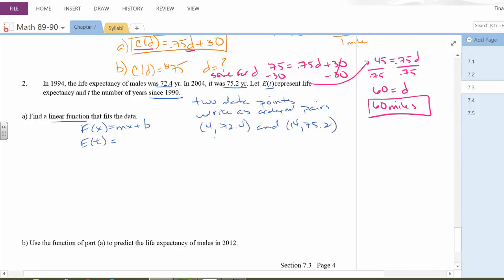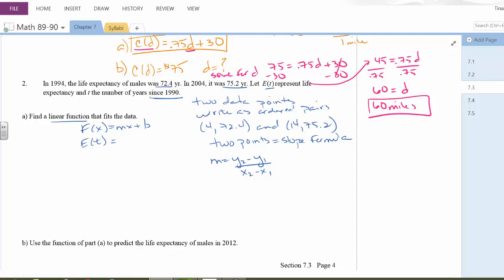Well, if I have 2 points, then I can use the slope formula to find the slope. So the slope formula, remember, is m equals y2 minus y1 over x2 minus x1. And if you didn't remember that, that's okay, but this is the slope formula. Change in y over change in x, rise over run.